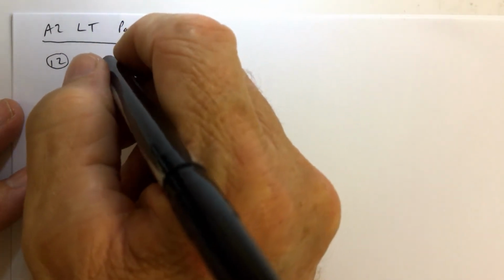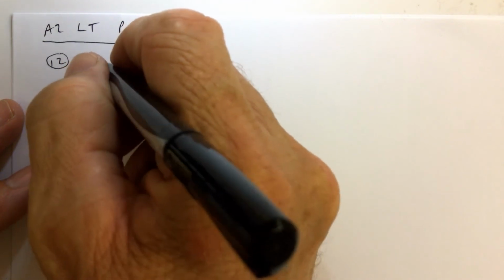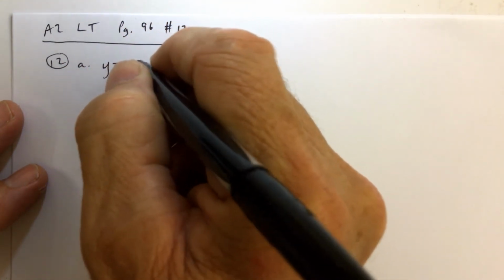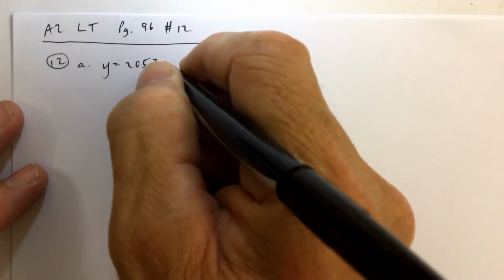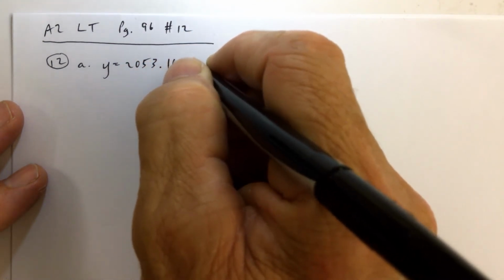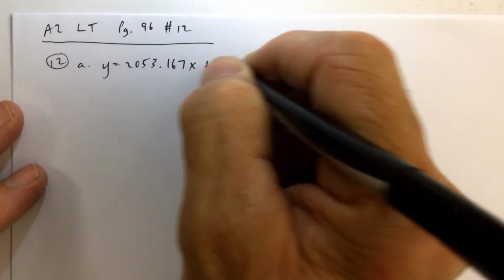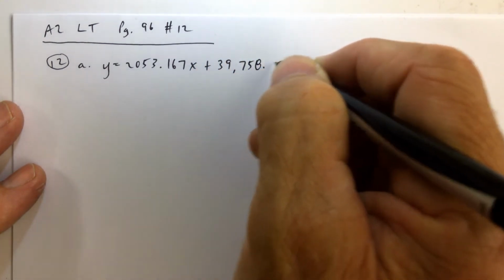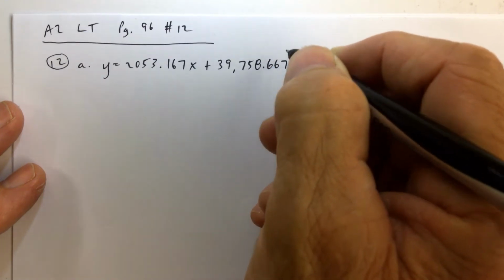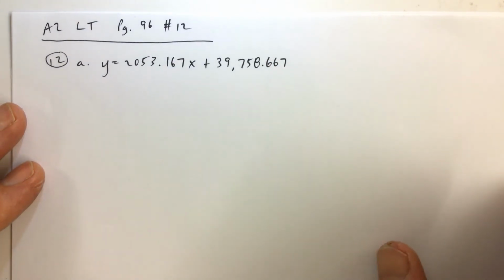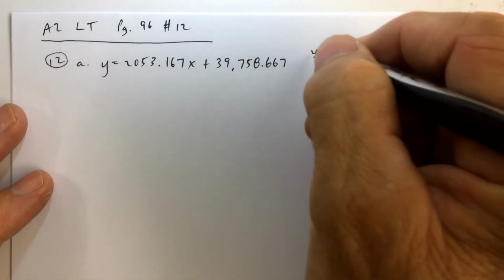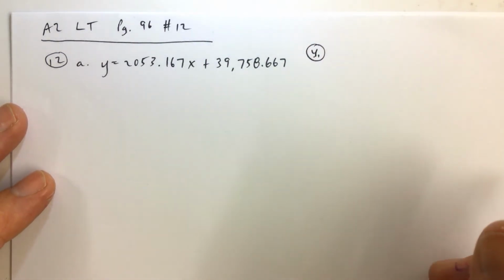So we're going to go ahead and let Y equal 2053.167x plus 39,758.667. So that is our line of best fit, and that's been stored in my Y1. So let's circle that. That's our Y1.